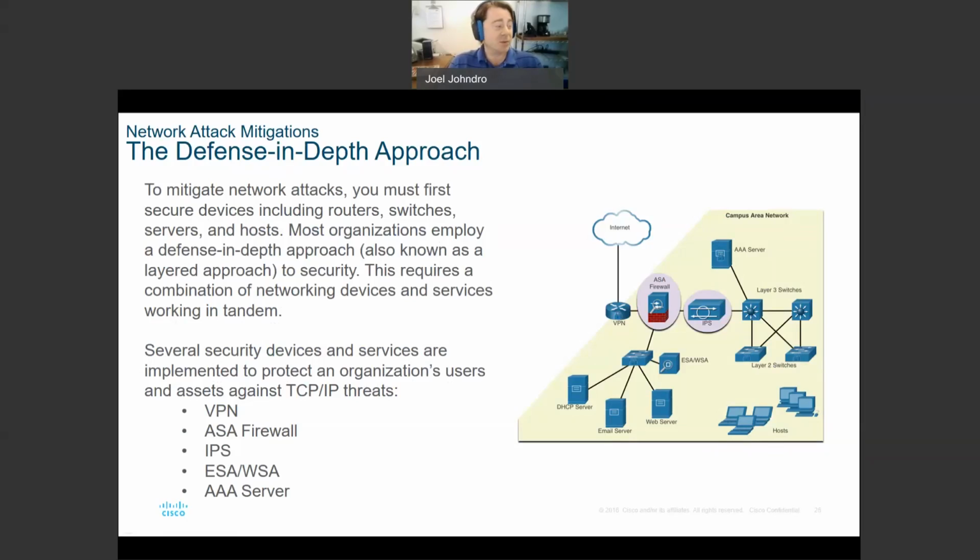WSA protects against unwanted web traffic. A AAA server, which is an authentication server. So all those things together are known as a defense in depth or a layered approach.